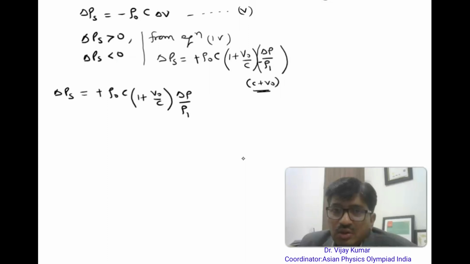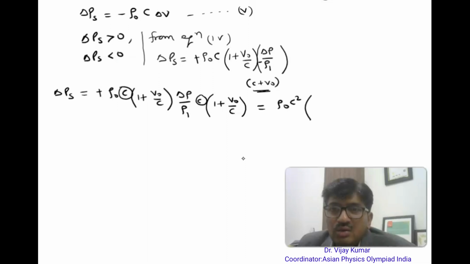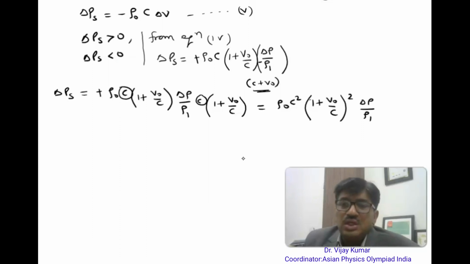From this C plus V naught, if we take C common, then it becomes 1 plus V naught upon C. Now it becomes rho naught C into C, which is C square, and (1 plus V naught upon C) whole square, delta rho upon rho 1. This is delta PS, and we can consider it equation number 6.